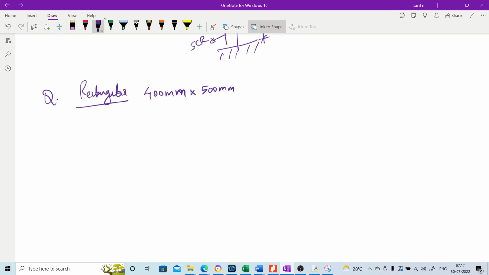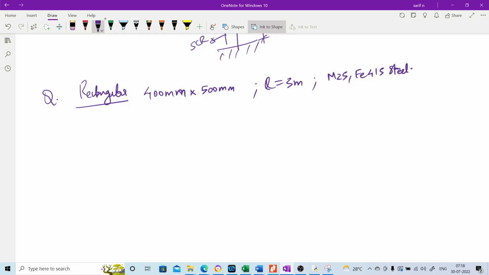Then let us say the length of the column is 3 meter, and let us say it is using M25 concrete and Fe415 steel. Okay, so these are the dimensions of the column.